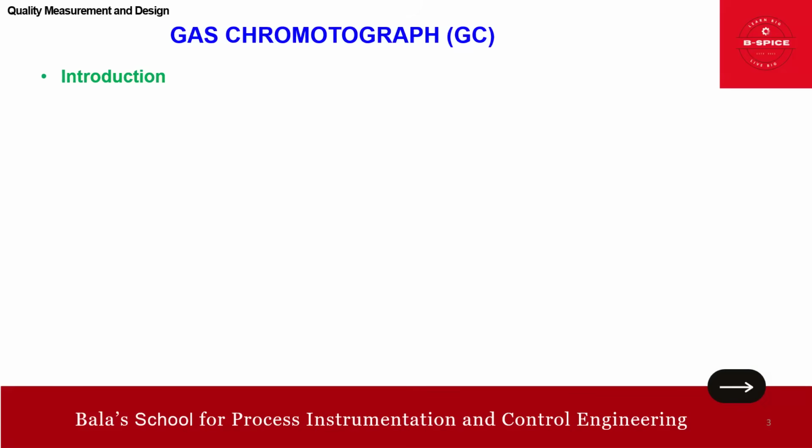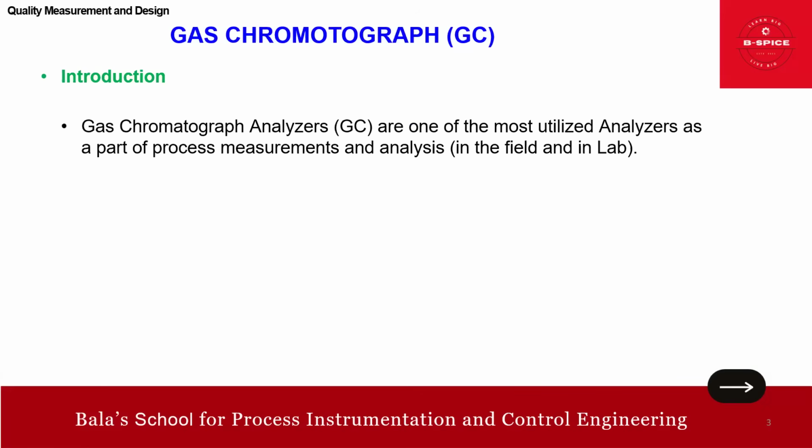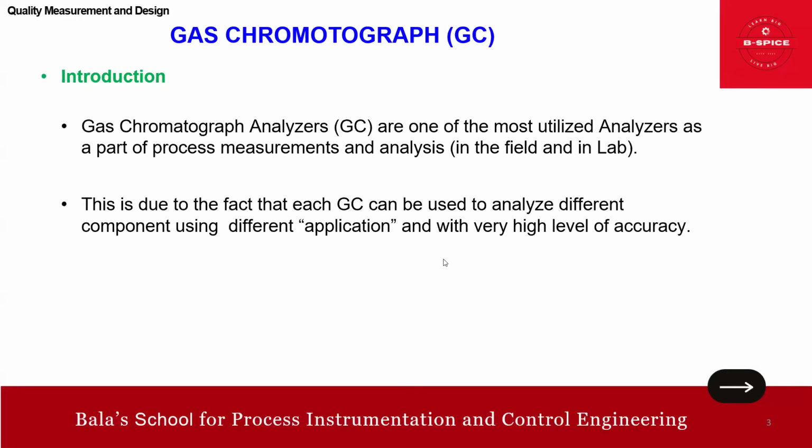Gas chromatograph, intro. What is this gas chromatograph? We call it a GC, and it is one of the most utilized analyzers as part of process measurements and analysis in the field and in the lab. This is due to the fact that each GC can be used to analyze different components using different applications with a very high level of accuracy.